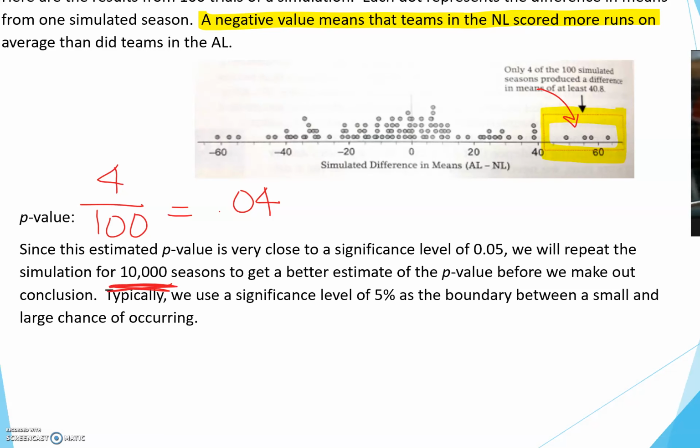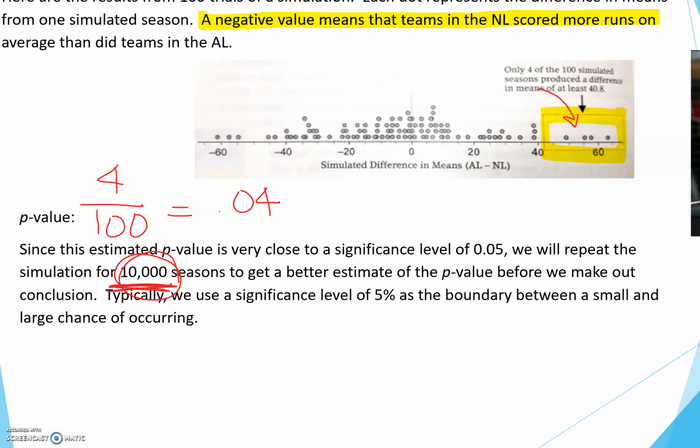But sometimes, if it is close to a significance level, one way or the other, like maybe 0.06 or 0.055, 0.04, depending on the situation, we might run the simulation again for more trials, like in this case, 10,000 trials.